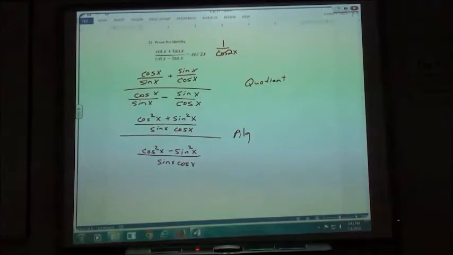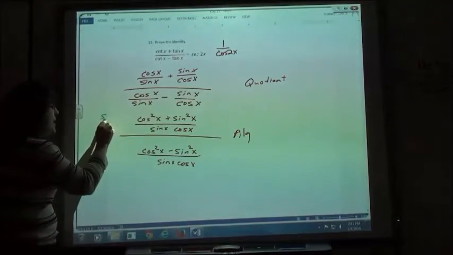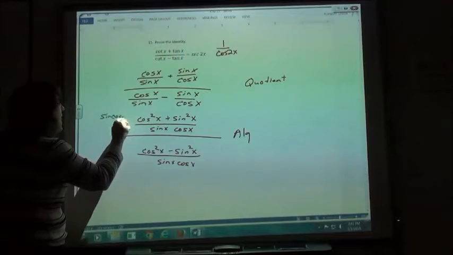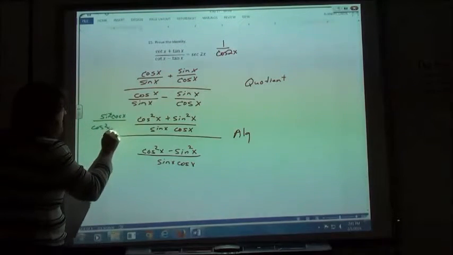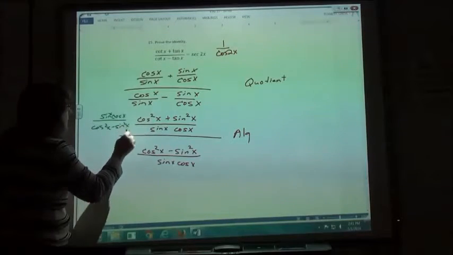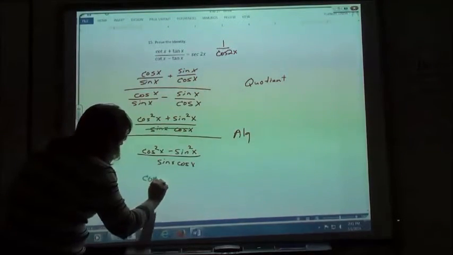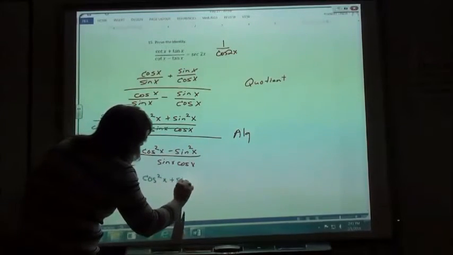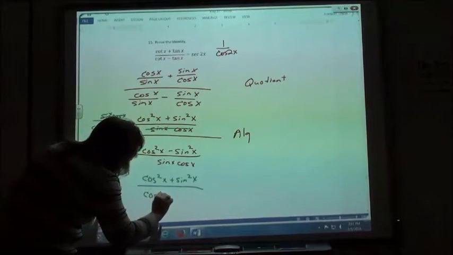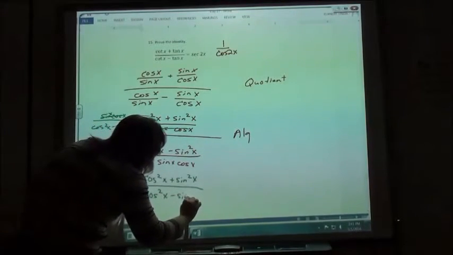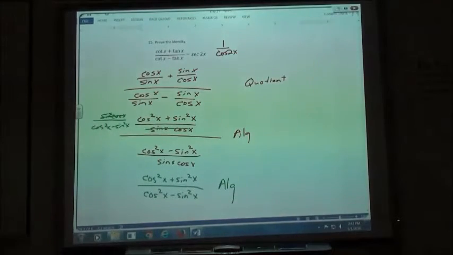So if I invert and multiply, again doing algebra, taking this times sine of x, cosine of x, and cosine squared of x minus sine squared of x, this is going to cancel this out. So I'm going to get cosine squared of x plus sine squared of x over cosine squared of x minus sine squared of x. And again, that's just doing plain old algebra.